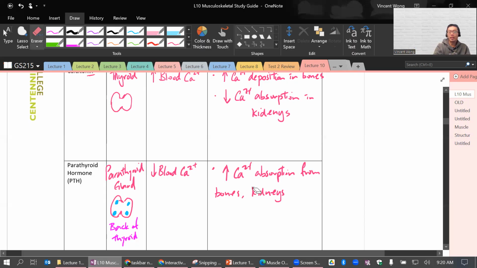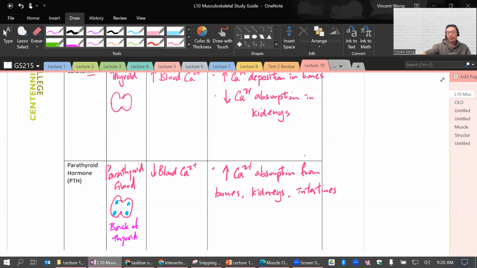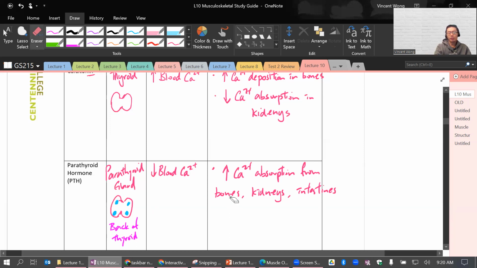So you're just reclaiming it, okay, minimizing the loss. So the only real source that's external would be from the intestine, right? From the food that you eat, right? And so if you're not actually getting supplements or foods that are rich in calcium, then you are just going to be burning up your calcium reserve from the bones.